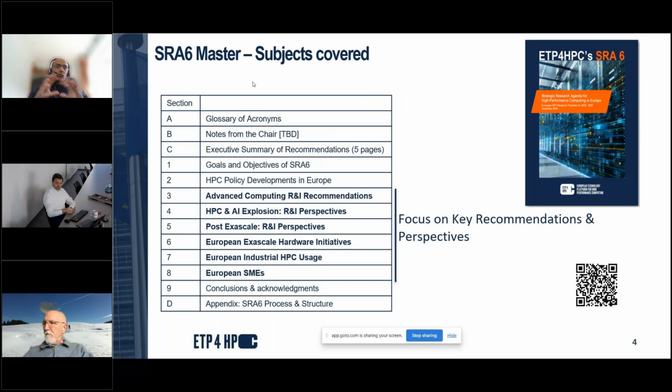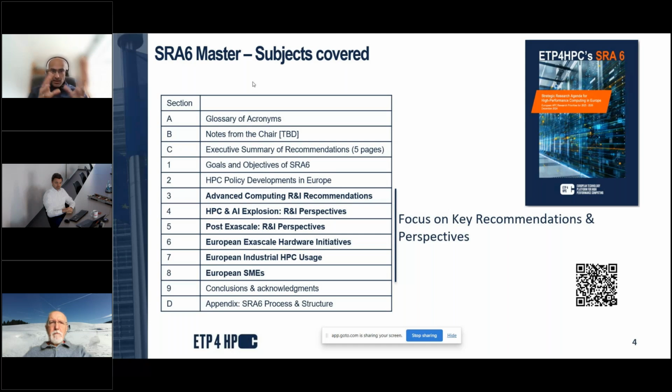So what are the subjects covered in the master? As you see, the focus is mainly on key recommendations for policymakers and also for the community, and it also provides the perspectives of HPC experts in Europe that we worked very closely with while developing the SRA.